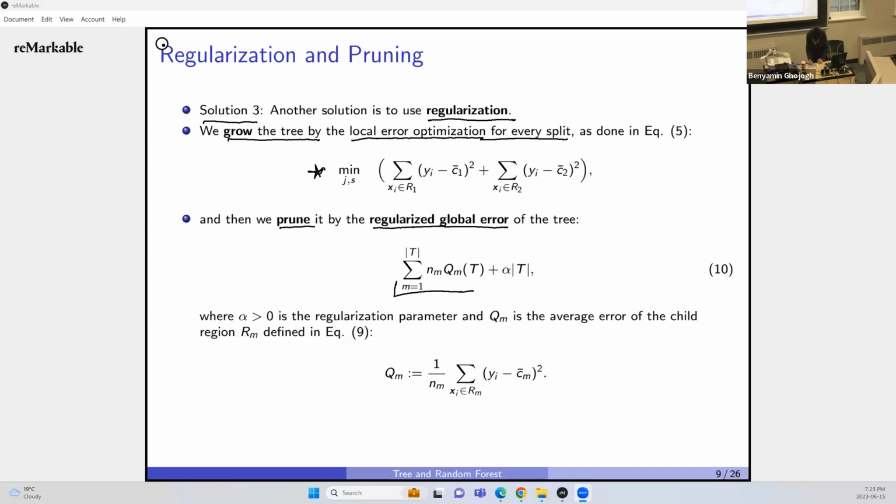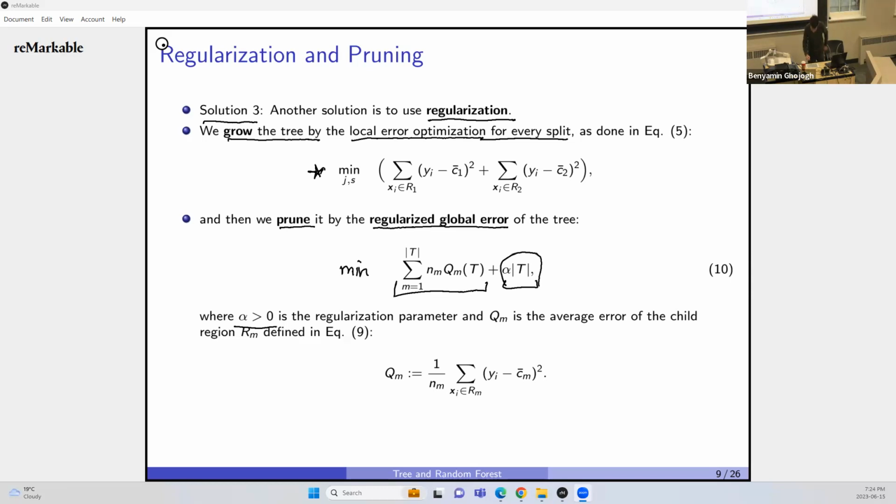So this global error we already talked about, right? But we are making it regularized. So we are adding a regularization term, alpha, times the number of children, terminal nodes. Okay, and alpha should be greater than 0. Why? Because we want to minimize that. If alpha is negative, then it means that we are maximizing the number of children. However, we want to minimize the number of children.